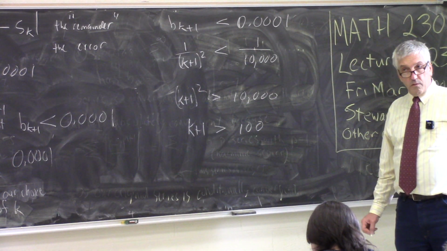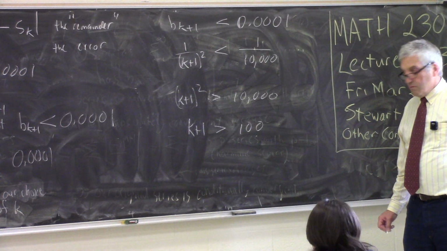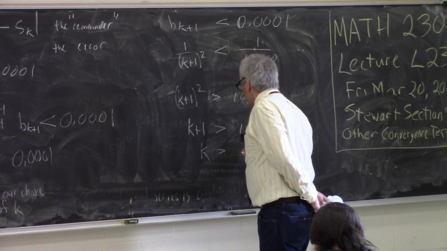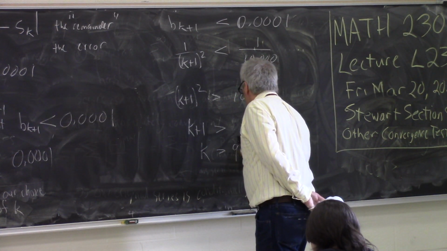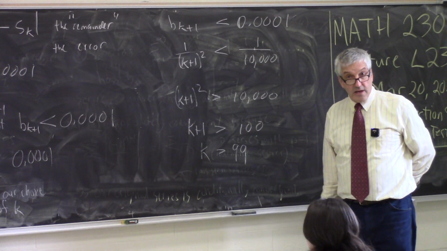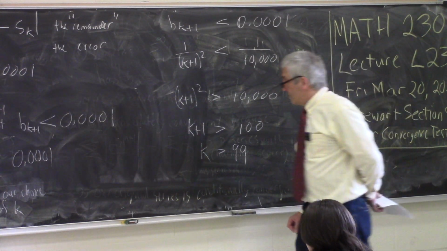So what's the best value of k that we can think of? Well, k has to be some integer that's greater than 99. So what's the best k that we can guarantee will work?